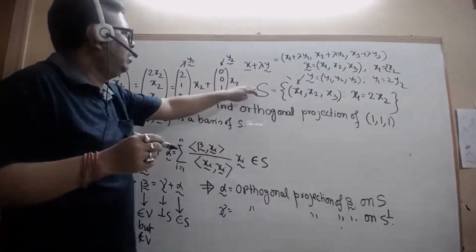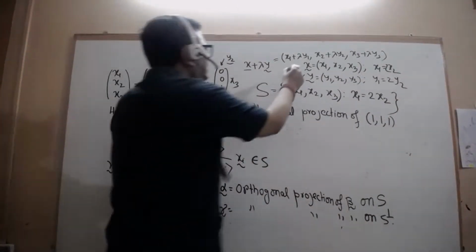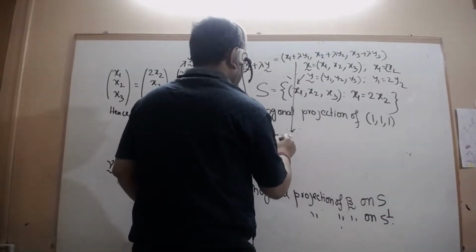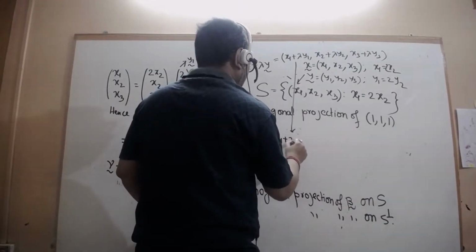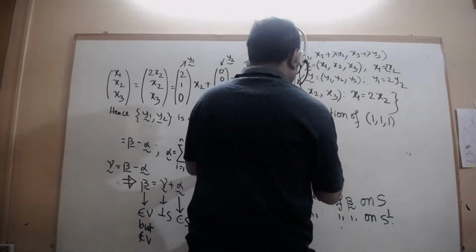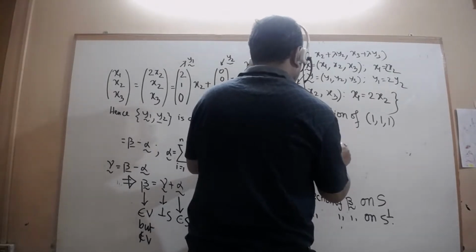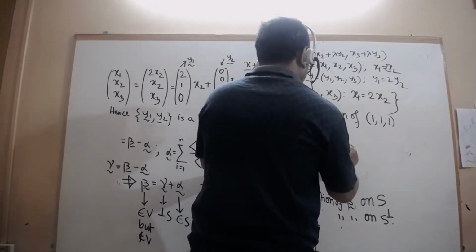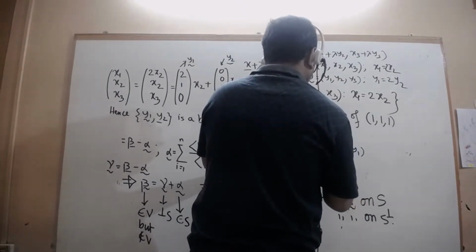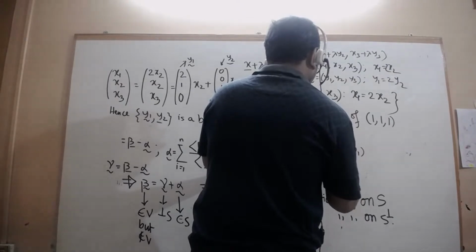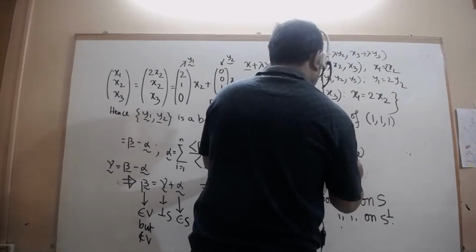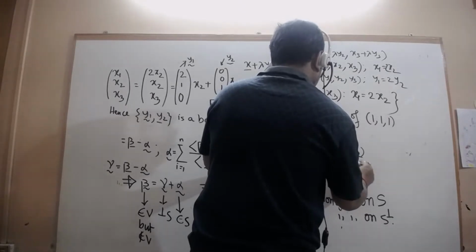Now, if this belongs to S, then you check that x1 plus lambda y1, since x1 equal to 2x2 and y1 equal to 2y2, so 2 into x2 plus lambda y2.